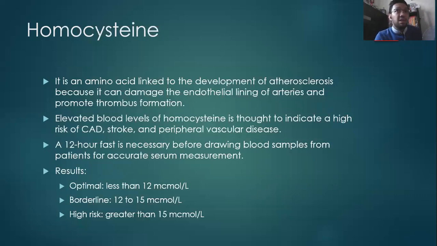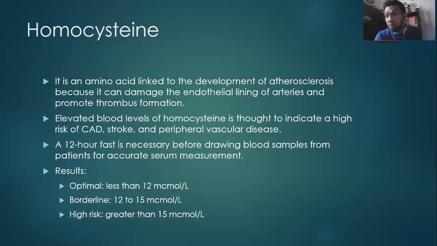And if that happens, that is dangerous, most especially for coronary arteries, because these blood clots can block the smaller portions of the coronary arteries, leading later on to myocardial infarction. So elevated blood levels of homocysteine is thought to indicate a high risk of CAD, even stroke.